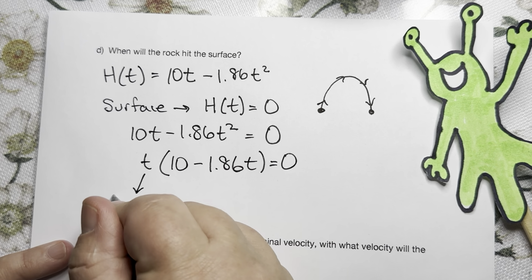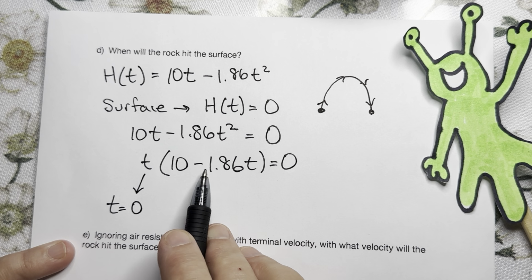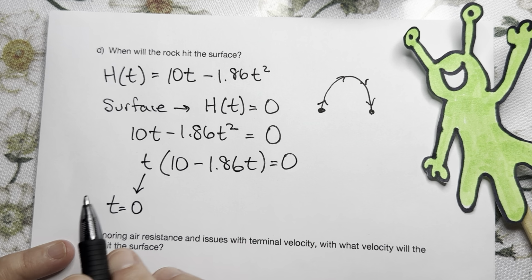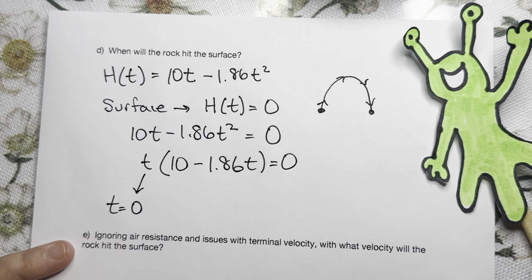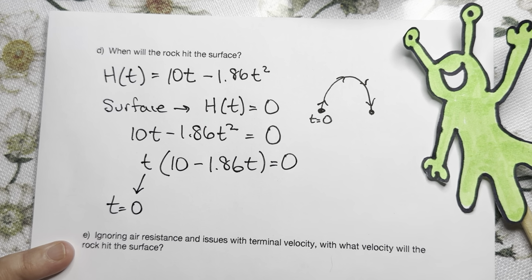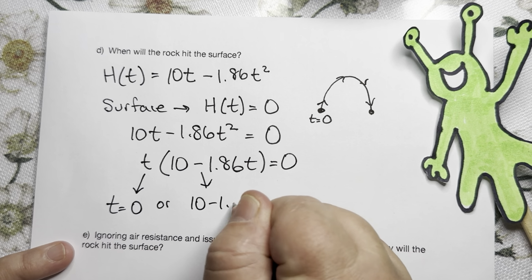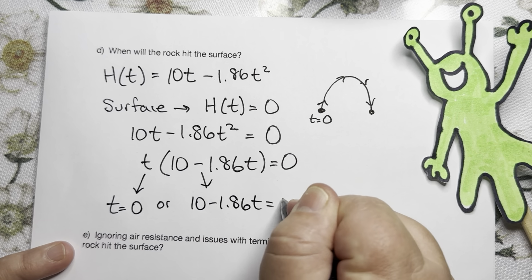One possible answer is that t equals 0, because if you have 2 things multiplied together to give you 0, one of them has to be 0. That's called the zero property. It's one of my favorites. So either t is 0, well, that's this spot right here. At time 0, we're starting on the ground, or 10 minus 1.86t equals 0.